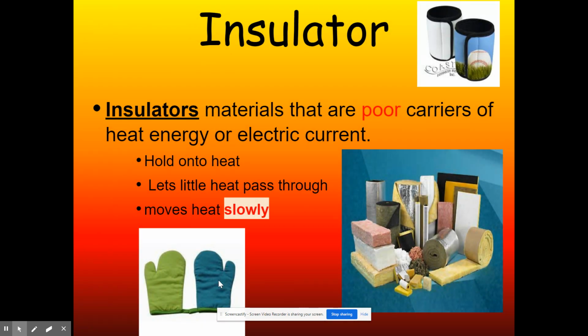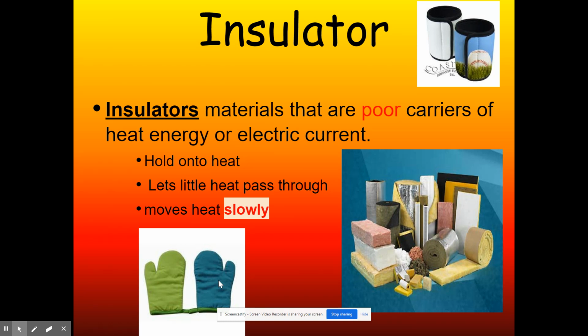On the other hand, we have insulators, and these types of materials do not allow heat energy or electrical energy to pass through easily. Some insulators will allow heat or electricity to pass through, but it's a very, very slow process.